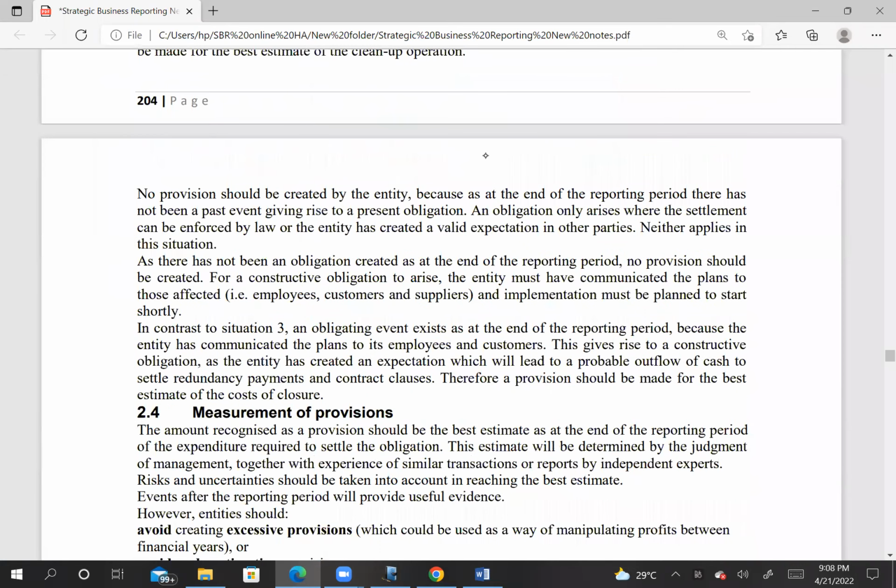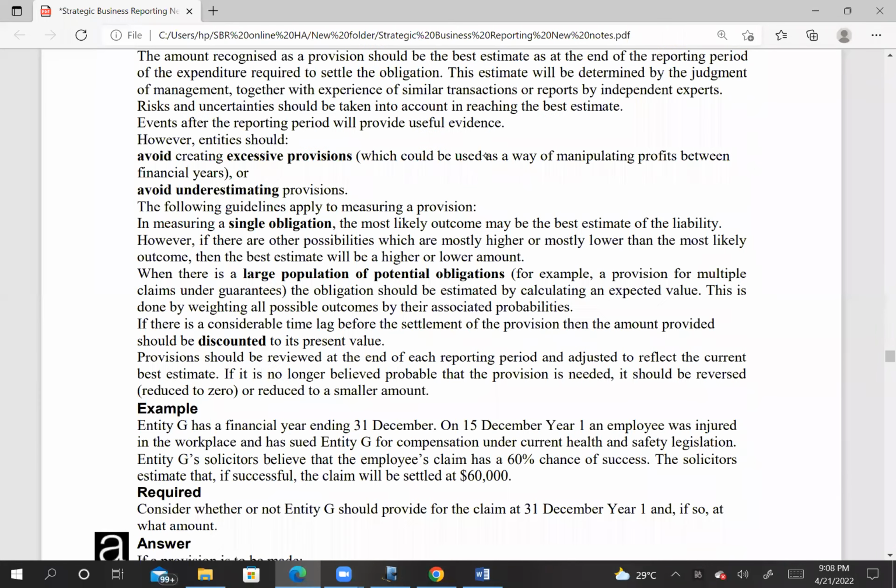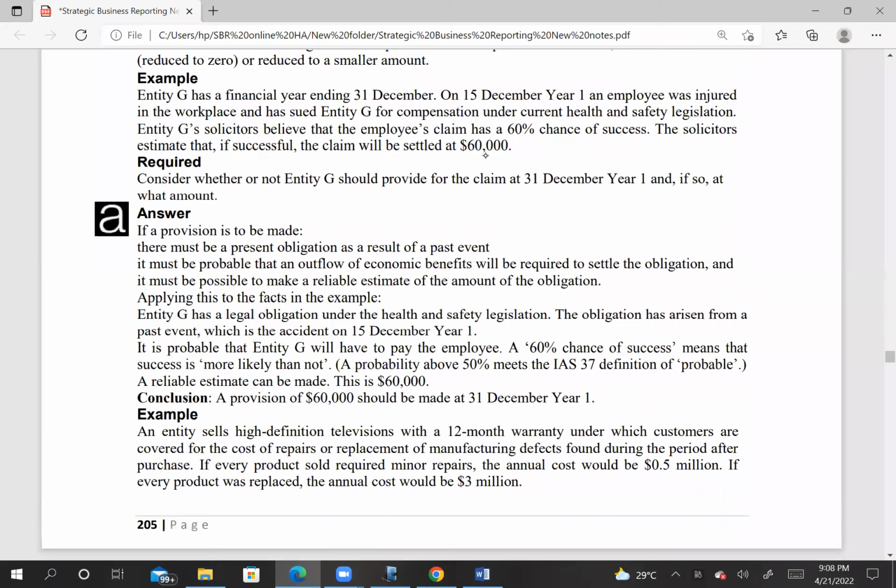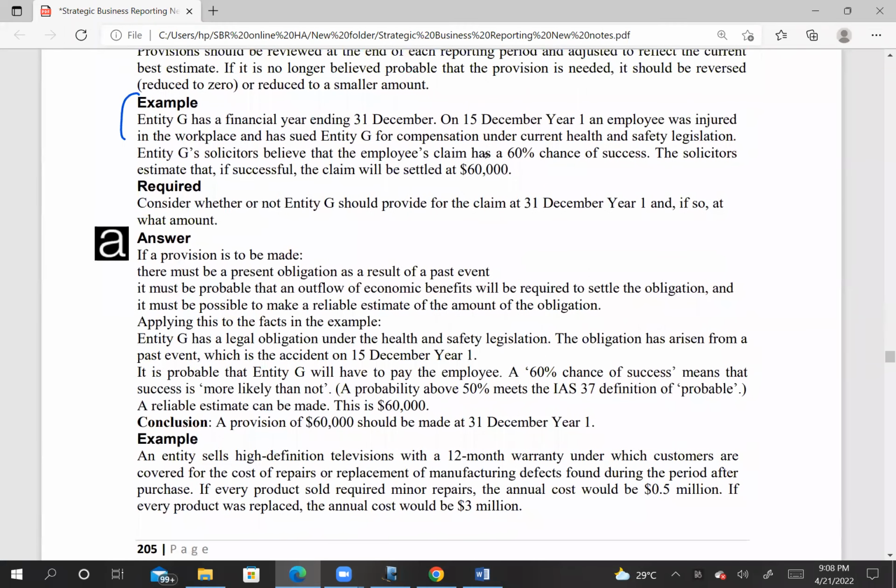The measurement of the provision. Now please read this example on measurement.